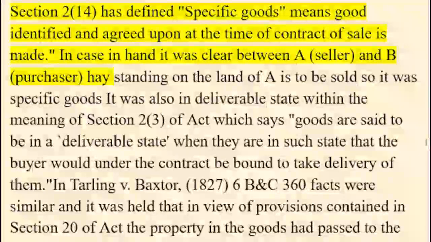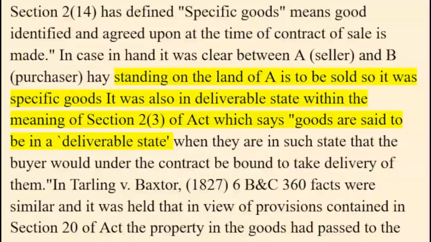Section 2(14) has defined specific goods as goods identified and agreed upon at the time the contract of sale is made. In the case in hand it was clear between A, the seller, and B, the purchaser, that hay standing on the land of A is to be sold, so it was specific goods.